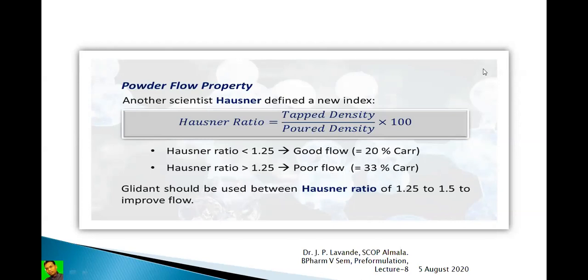And in order to improve this flow property, there is a need to add the glidant. What are the glidants? What are the lubricants? That we will come to know in our subsequent lectures. But at this moment, it is very important that if the Hausner's ratio is more than 1.25, there is a need to add the glidant in order to improve the flow properties.